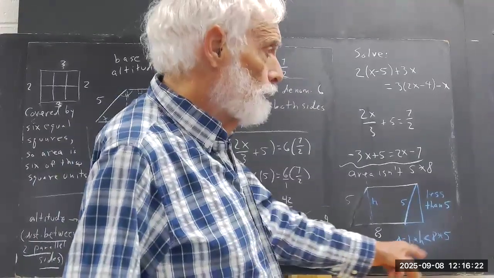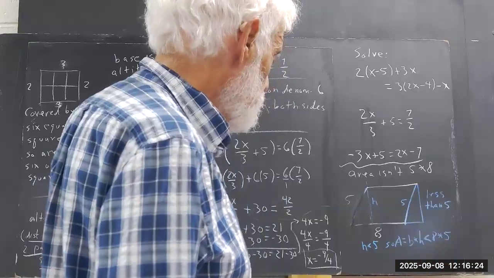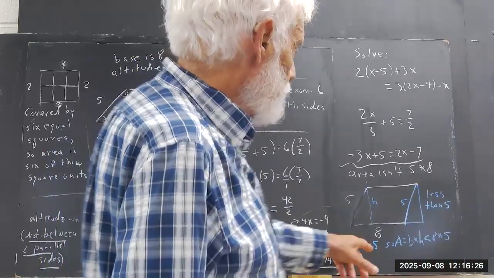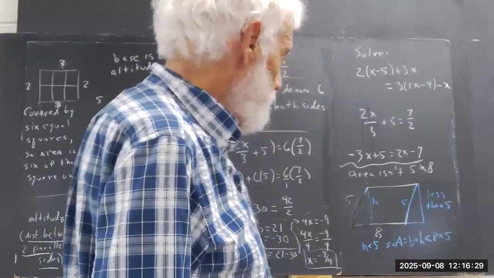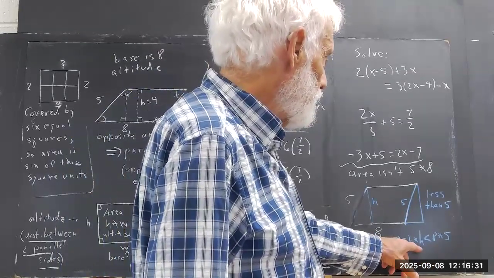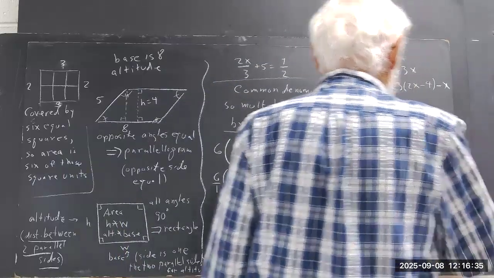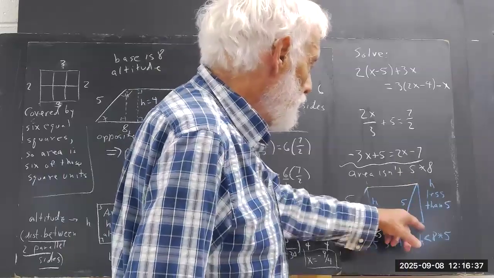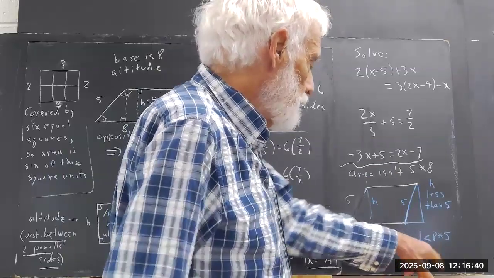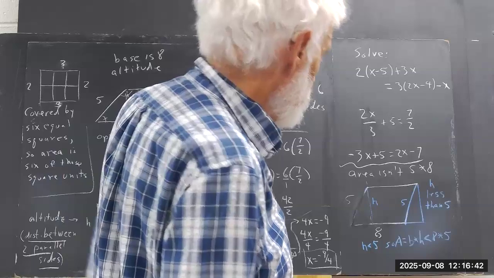So that's kind of a mathematical proof, a set of mathematical reasoning. It tells you the area is base times height. By this triangle, the height has to be less than 5, so the area is less than 8 times 5.